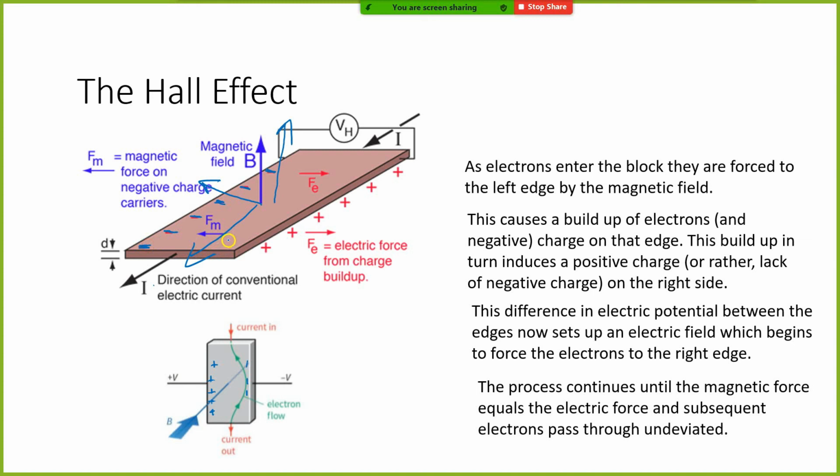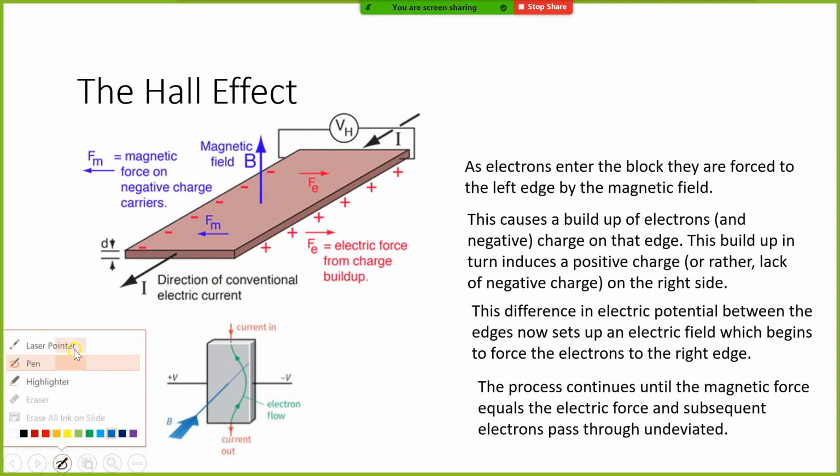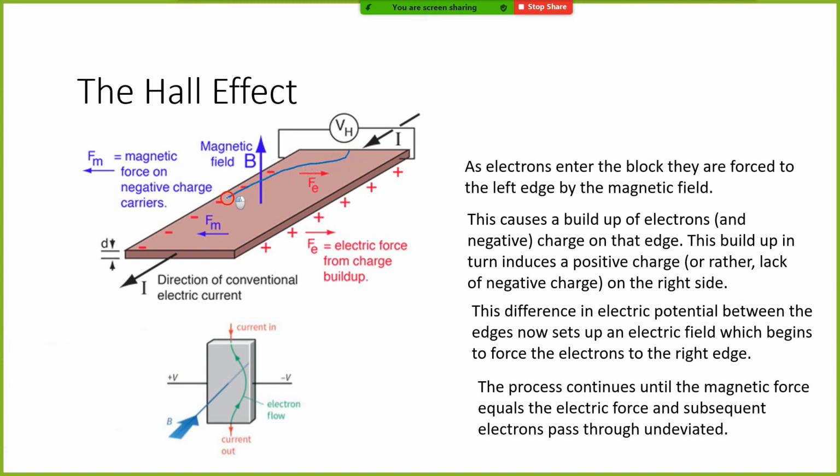Now, as I would have pointed out to you guys already, if all of my negative charge is going on this side, so this is what is happening, the negatives are coming over here, right? If the negatives are moving on that side because of the magnetic force, then it means that this side is going to become positively charged.